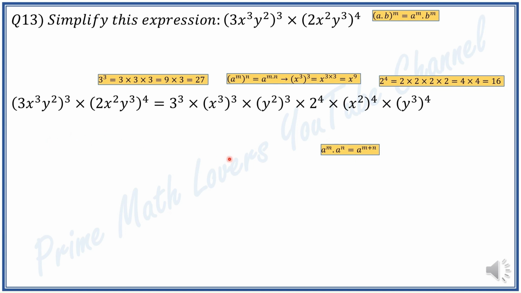Now we apply this. So 3 to the power of 3 is 27. As we apply this rule, the power of power rule, x to the power of 3 to the power of 3 is x to the power of 9.